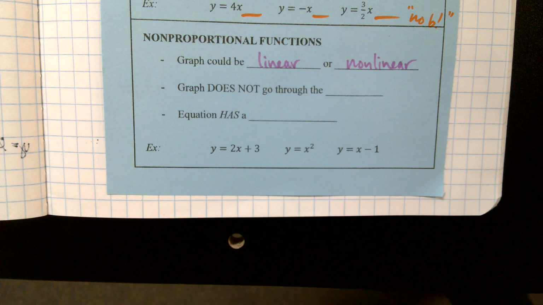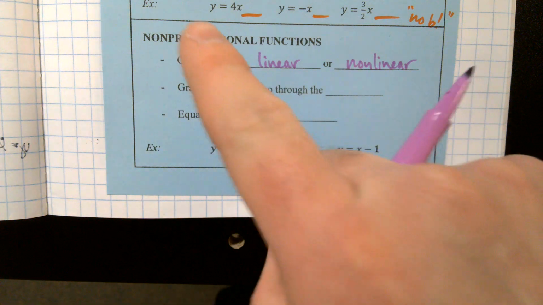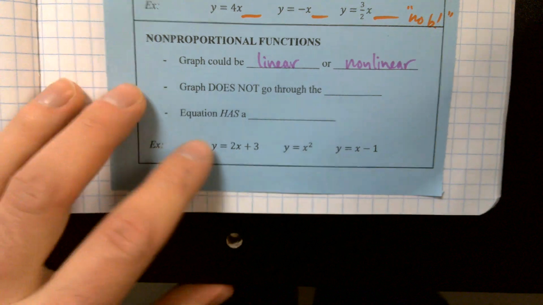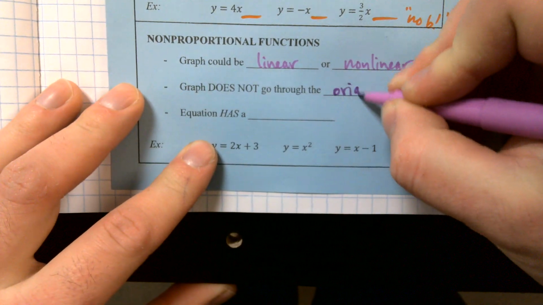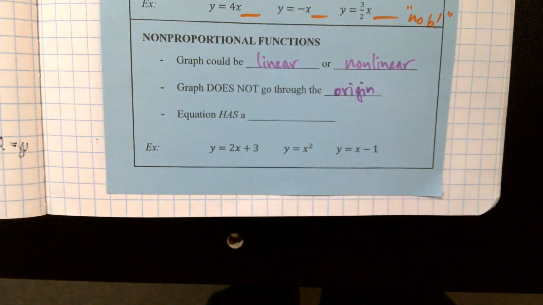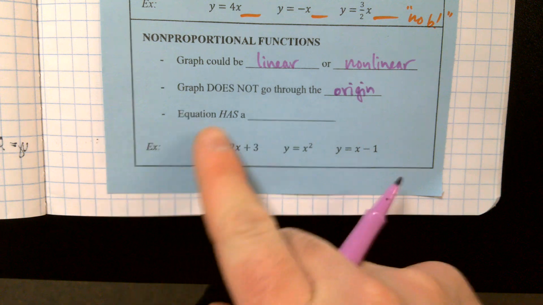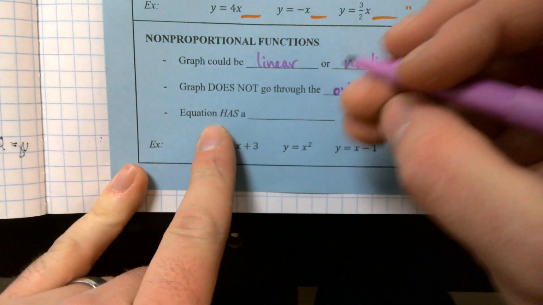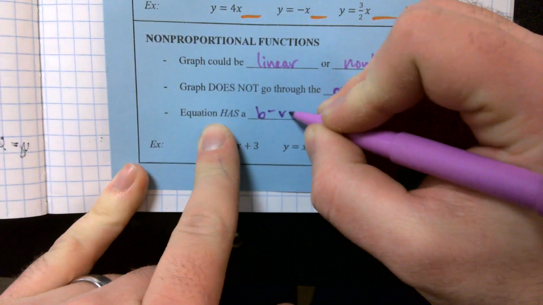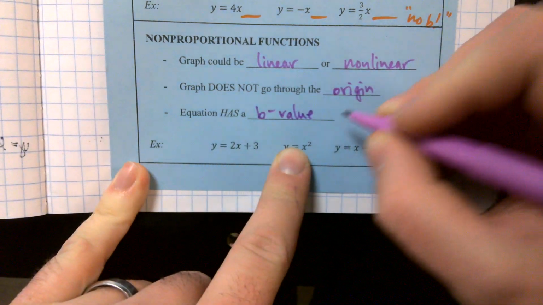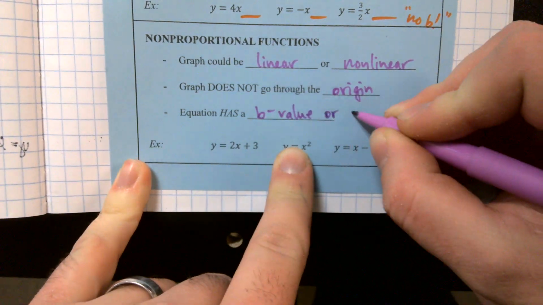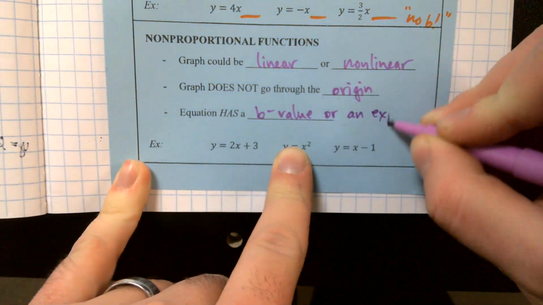Whether it's a straight line or a U-shaped line, if it does not go through the origin, it is not proportional. So we'll see these equations do have a b value or an exponent.